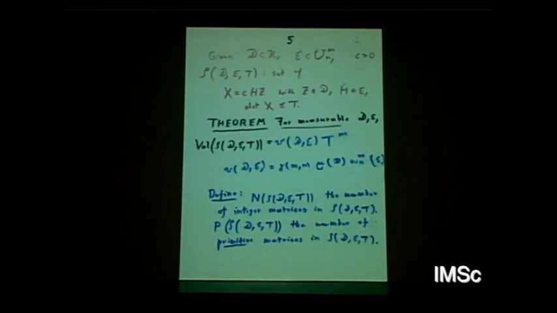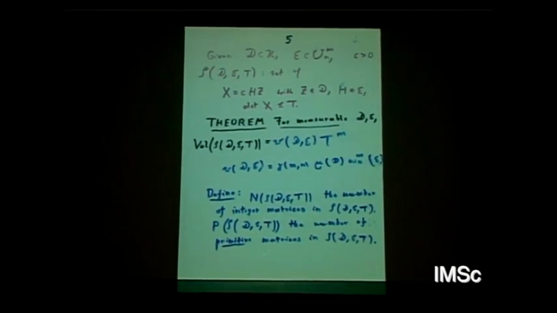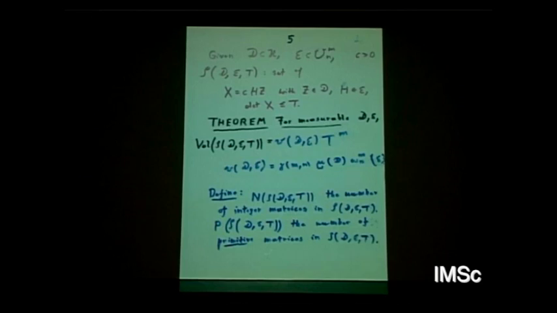Since we are in dimension n times m, these matrices lie in a space where the factor would be T to the m. So that would be the volume. And this constant in front, in view of what I've said already, is maybe not surprising. It's some constant depending on m and n, and the measure of D times the measure of the set E.